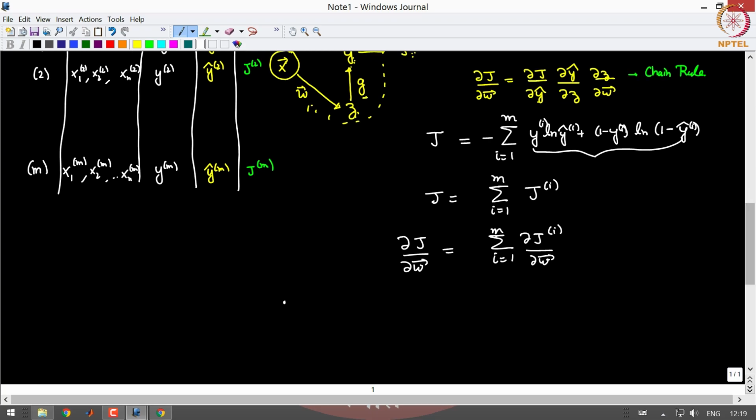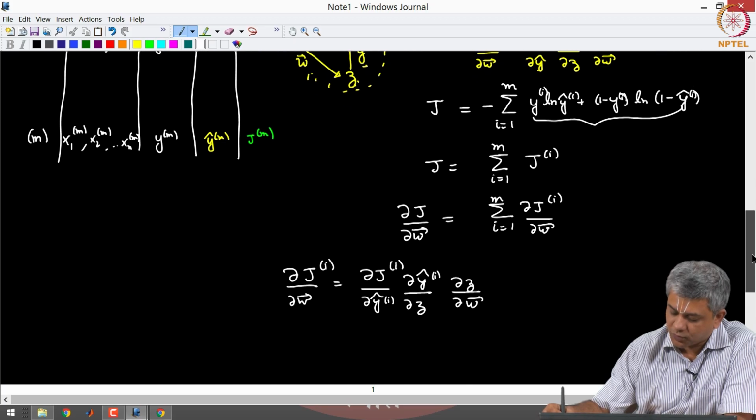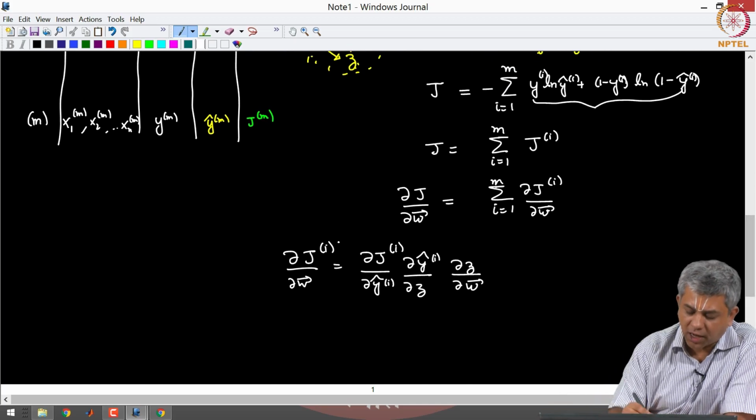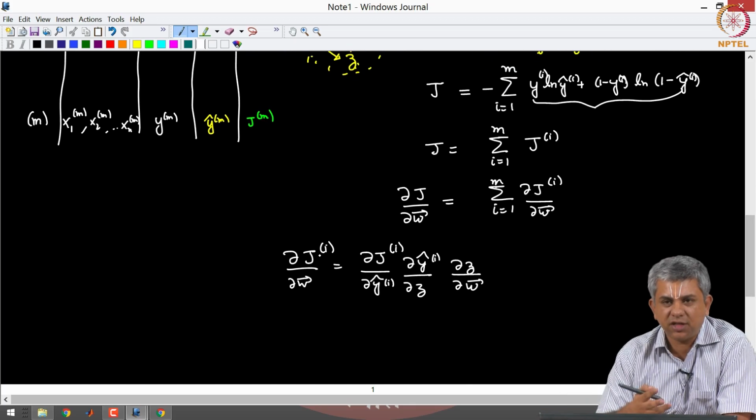So, we have this del j^i del w vector is equal to del j^i del y hat, del y hat del z, del z del w vector. Okay. Technically speaking, this is y^i. Okay. For now, I am going to drop the i in the future expressions and we will just sum it back just for clarity of notation.